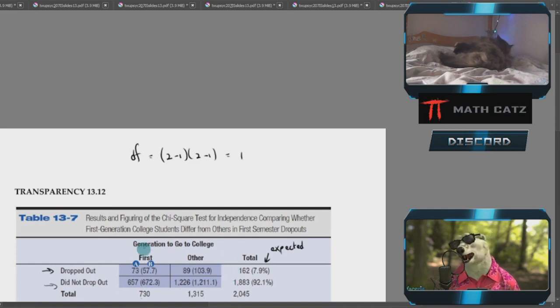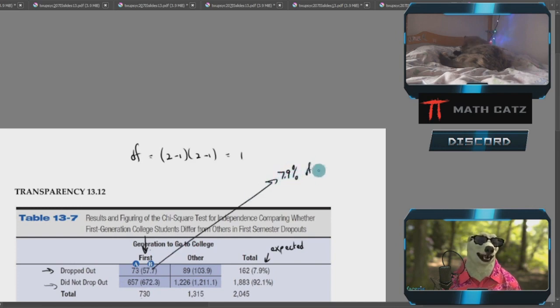So then I go to each column and say, if in the first generation column I had 730 people, I expect 7.9% of them to drop out. That's this one over here. So let's write that over there. 7.9% of, sorry, not 73, 730 rather.